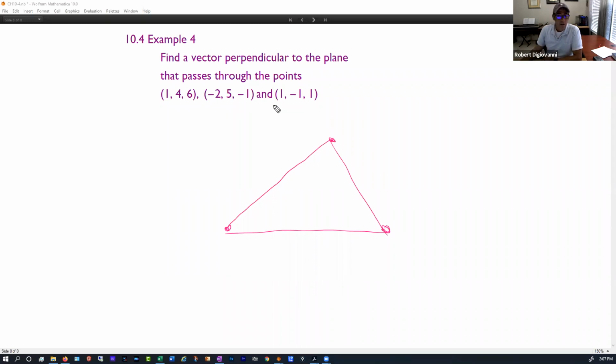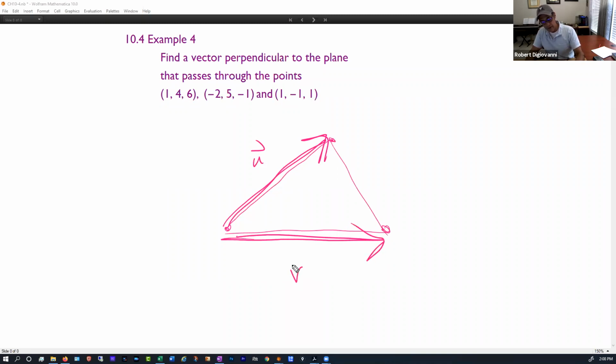If we want a vector that's perpendicular, we need to start with 2 vectors. So get that vector, call it u, and then get that vector right there and call it v, and then we cross those 2.